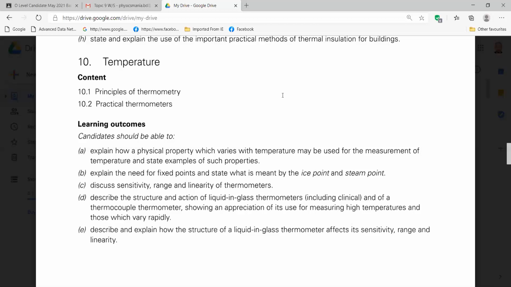What is 100 degrees Celsius? And it is used to calibrate the upper fixed point of a thermometer.